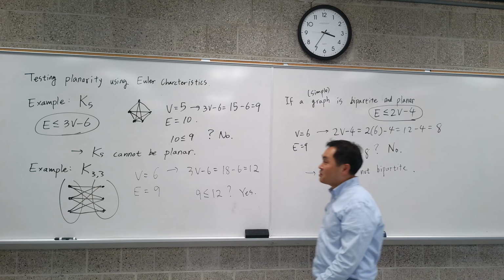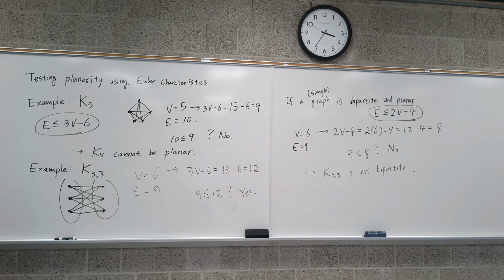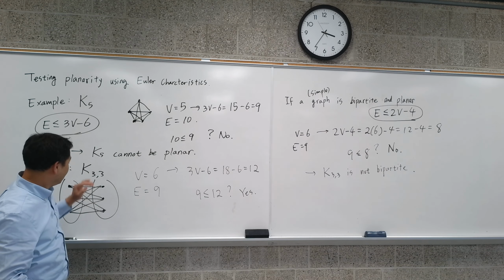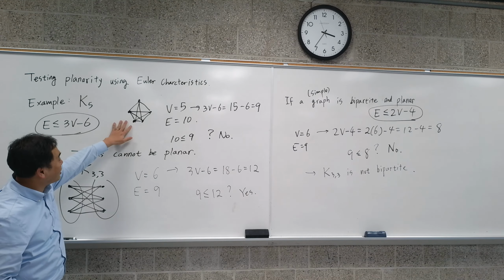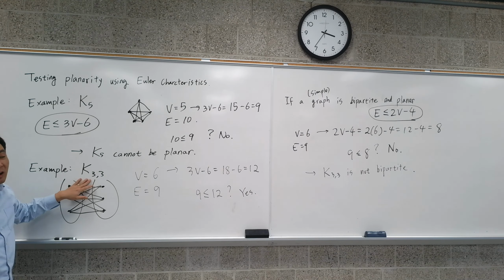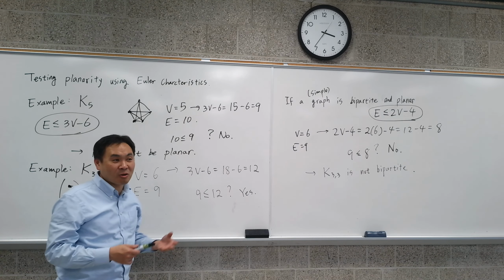Wow, so we have this inequality which successfully shows that K5 is not planar and K33 is not planar without having to draw stuff and say, oh, it's impossible.